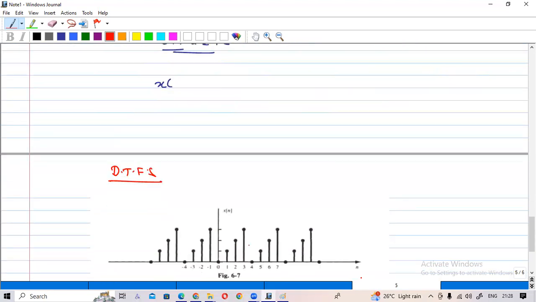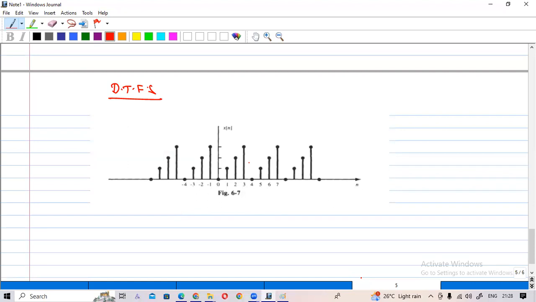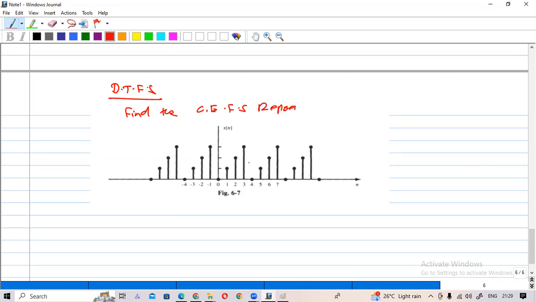So we will see now. Here you are given a sequence and I ask you to find the complex exponential Fourier series representation of this signal.